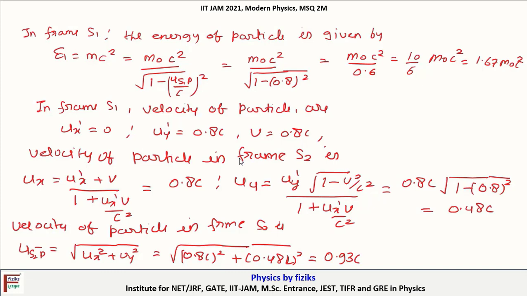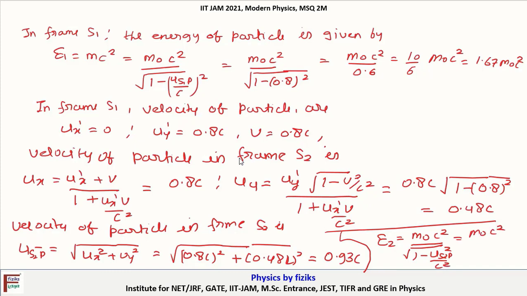So the energy of the particle here would be m0 c square divided by the square root of 1 minus u S2P square by c square, which is equal to m0 c square over the square root of 1 minus 0.93 square.